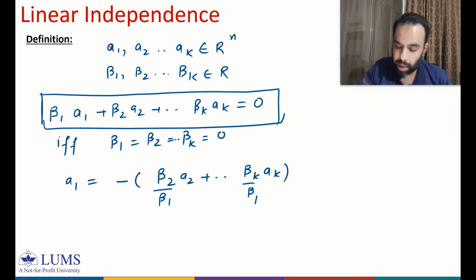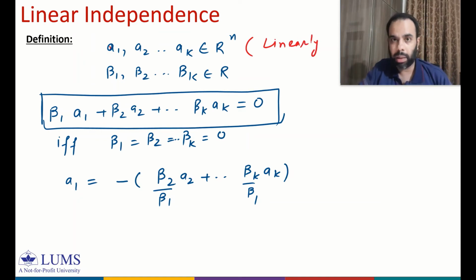So that's why, if this holds if and only if all the betas are 0, we say this collection of vectors A1 to AK is linearly independent. We also note here that linear independence is an attribute of a collection of vectors.